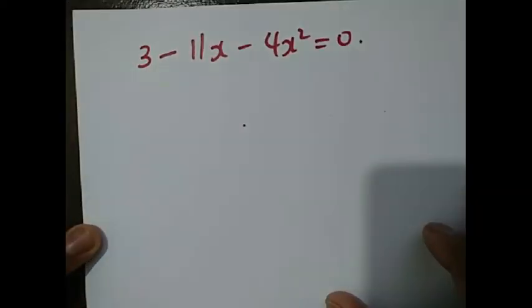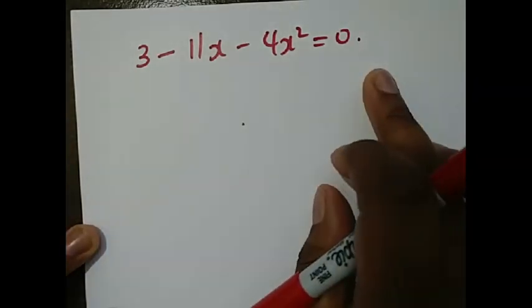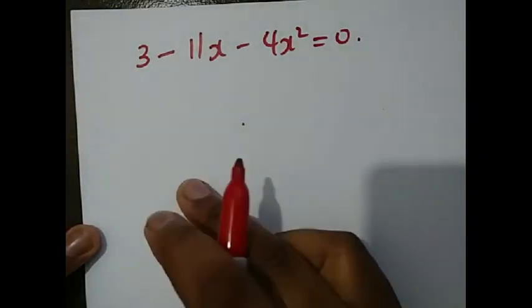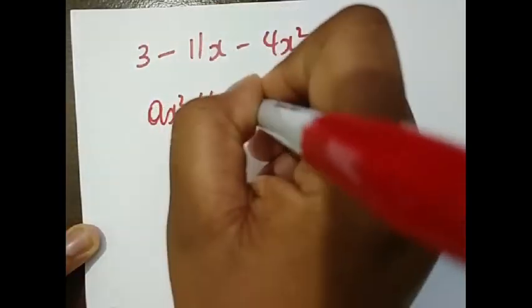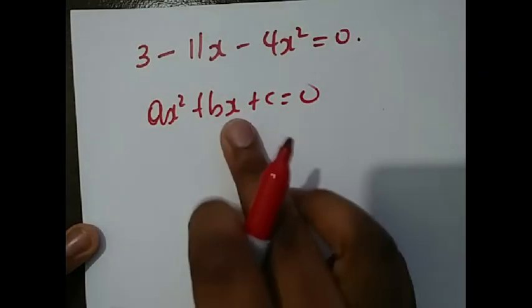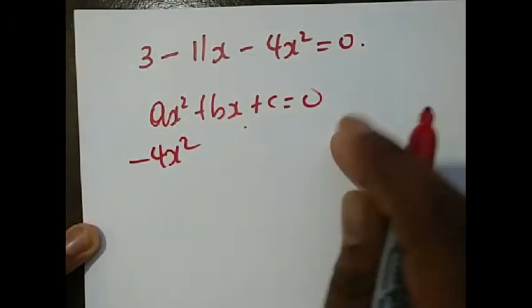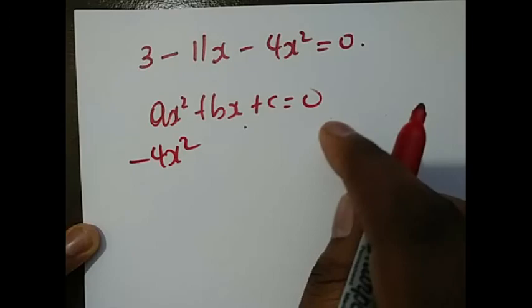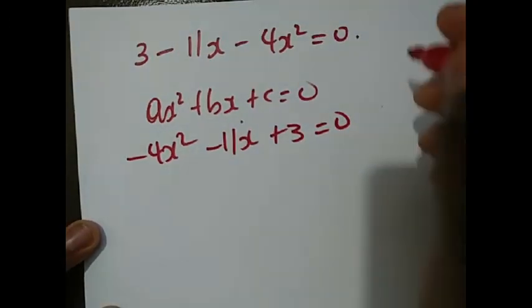So let's go again. First, we have our quadratic equation. To make it easier, we can write it in the form ax squared plus bx plus c is equal to 0. So my ax squared would be negative 4x squared minus 11x plus 3 is equal to 0.